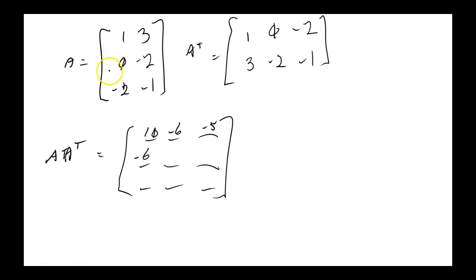The 2, 1 entry is -6. The 2, 2 entry is 4. The 2, 3 entry is 2. All right, the 3, 1 entry is -5, then 2, then 5.